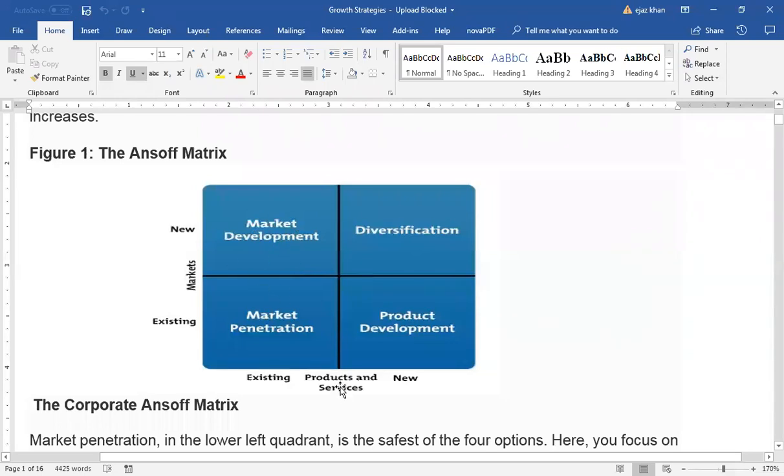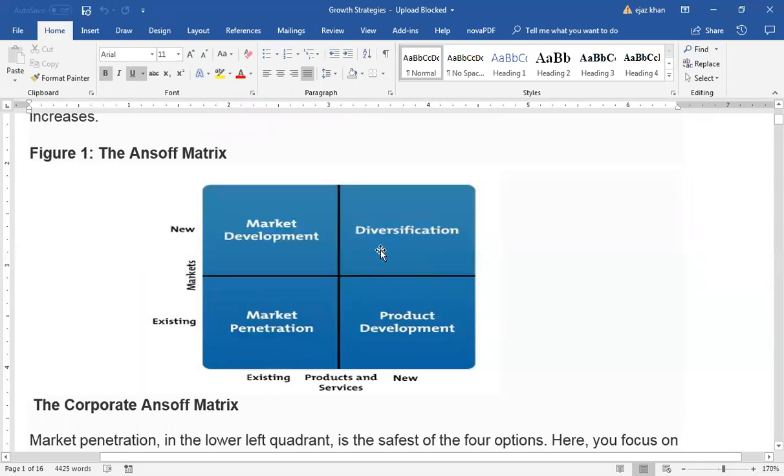And the last strategy will be to offer new products to new customers. And that's called diversification. And it's the riskiest strategy. Definitely, when the risk is at the higher side, the returns will also be higher.